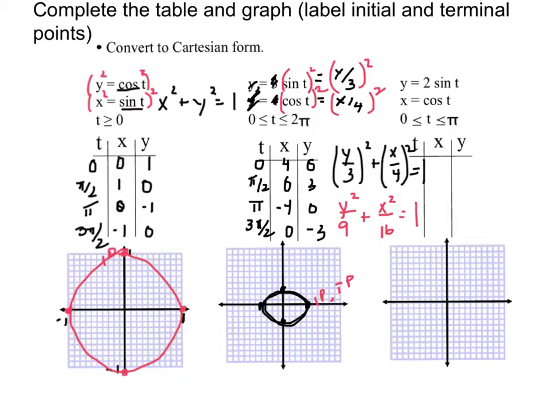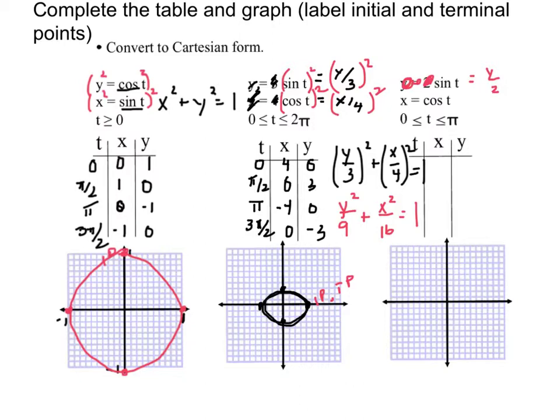Okay. Instead of graphing this last one, just in the interest of time, let me just say one more time how we would get the Cartesian here. We use sine squared plus cosine squared, so divide both sides by 2. Sine is equal to y over 2.